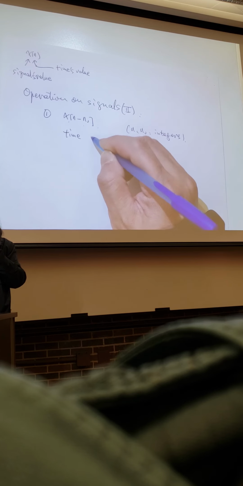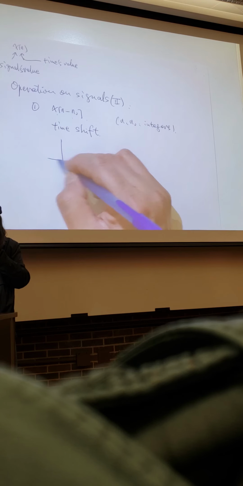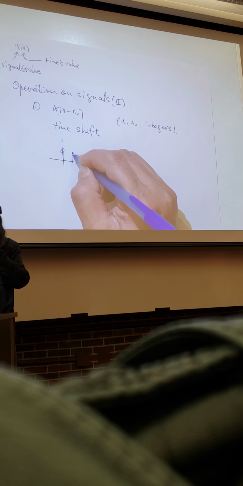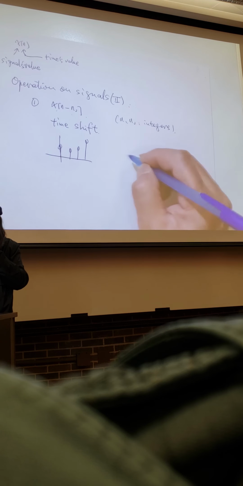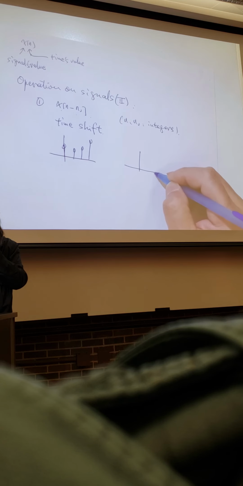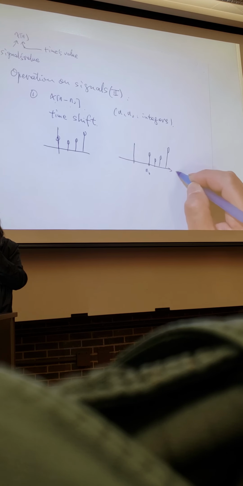So this is a time shift. If I draw the graph, if this is x of n, then this is n0, and this is n.